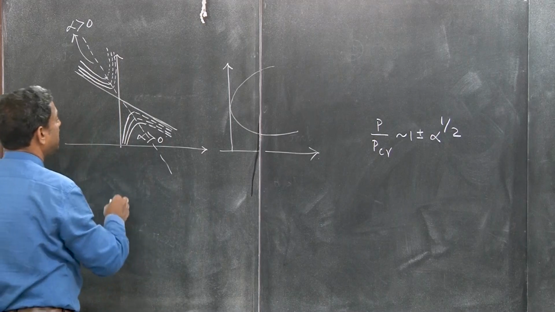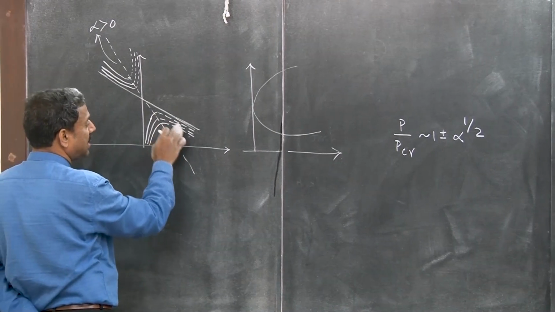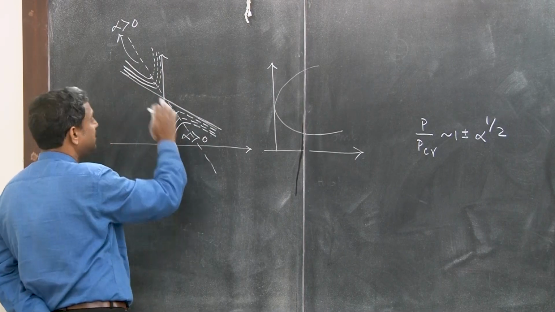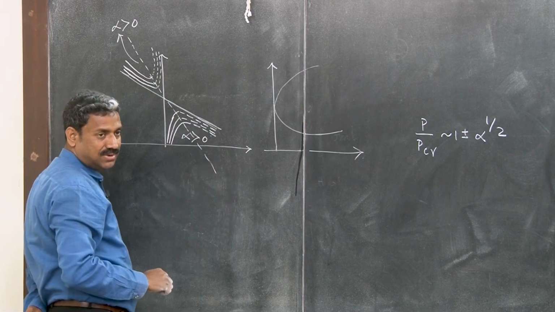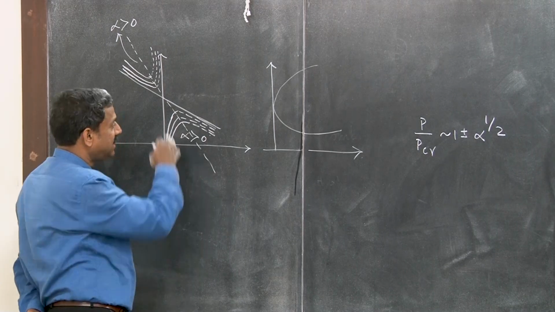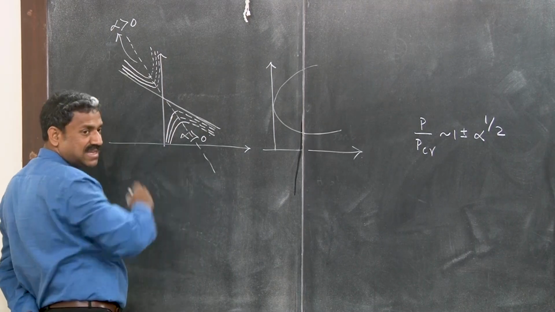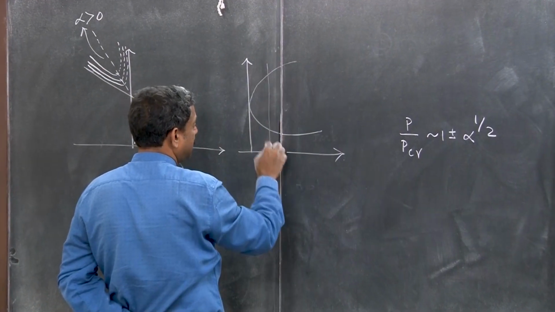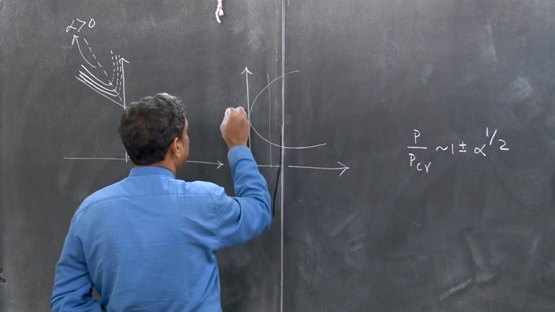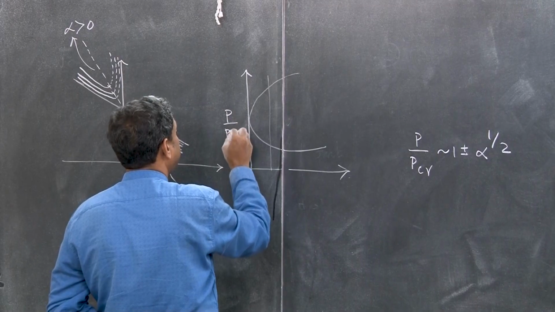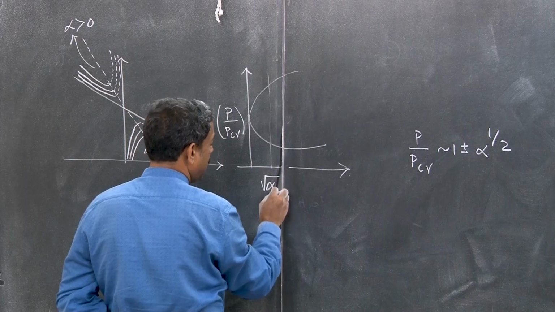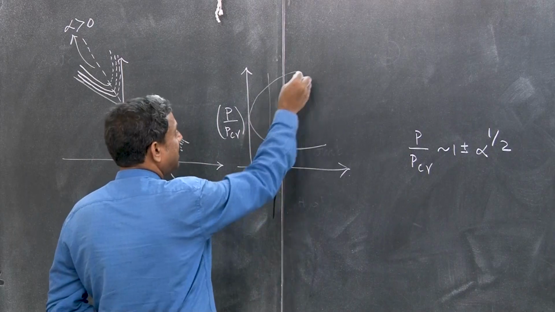So, I was showing to you that these are unstable paths and these are stable, right, because it is a decreasing path, descending, and this was ascending, right. So, for any specific alpha, this is the imperfection sensitivity diagram. So, here I was just talking about P by P here, and this was basically root alpha, right, and it was something like this.